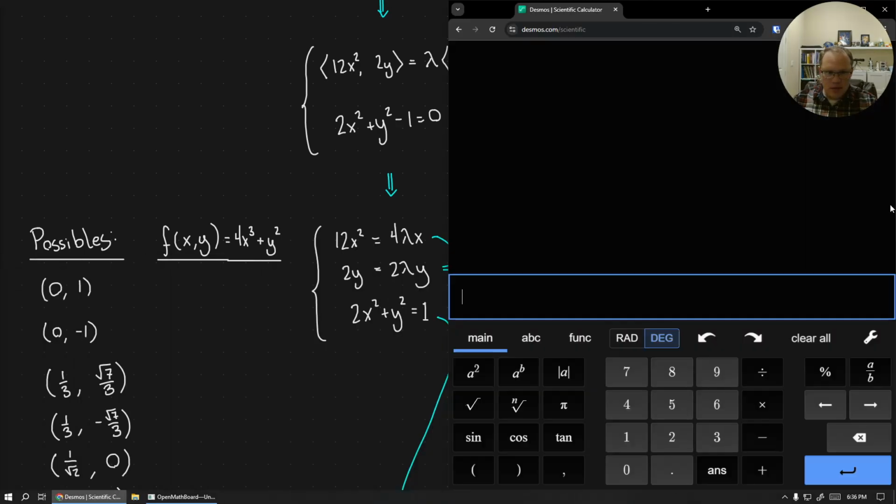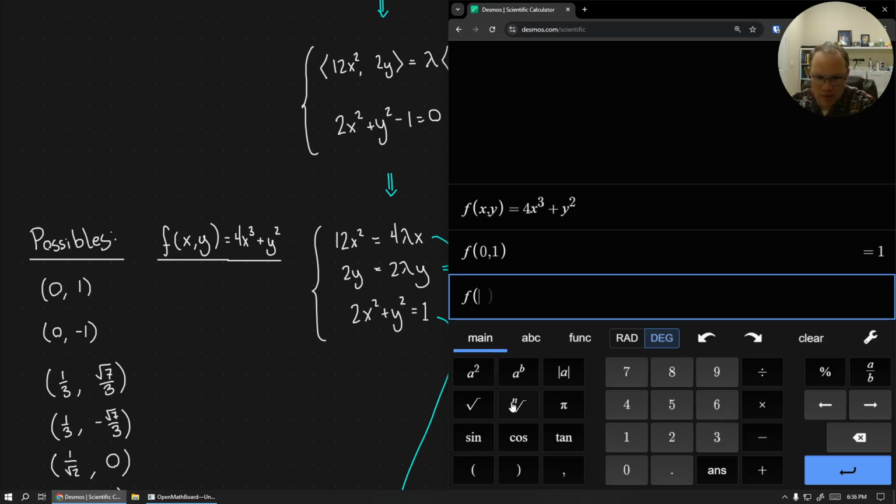All right. So what I like to do is first plug in my function, and that makes it real easy to evaluate. So I'm going to just tell it my function is 4x cubed plus y squared. And so all I need to do now is just say I want f of (0, 1). So that's going to be 1. Let me just do all of them. f of (0, -1) is also 1.